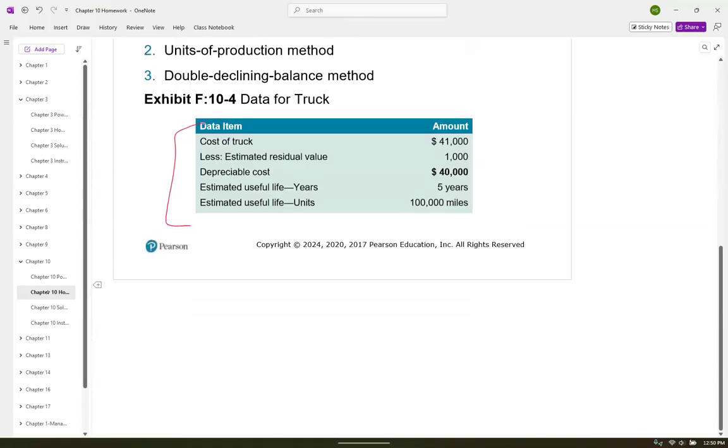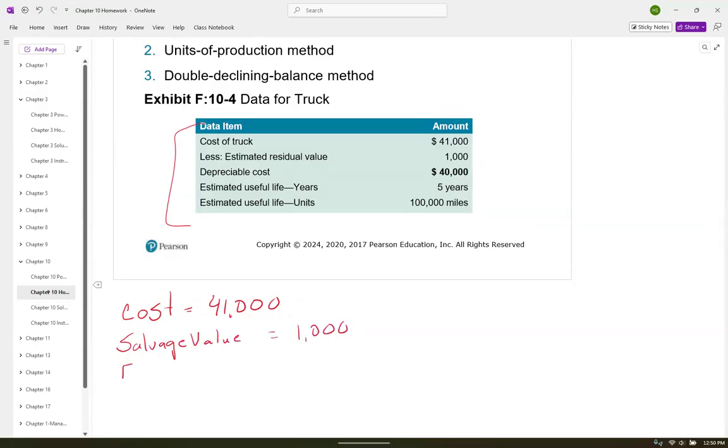You really only need three things, and I know they got five listed here, but you have the cost. I'm going to write these out. We have the salvage value or residual value, which is 1,000, and then estimated life. I am going to put 5 years or 100,000 miles. We will only need one or the other when we're doing each one of these.